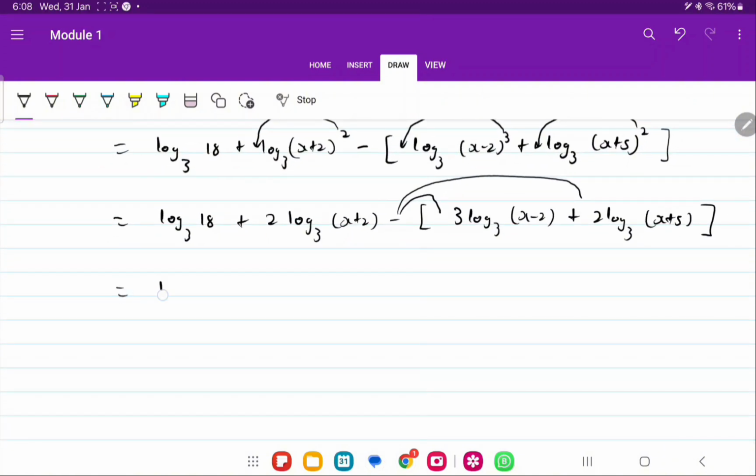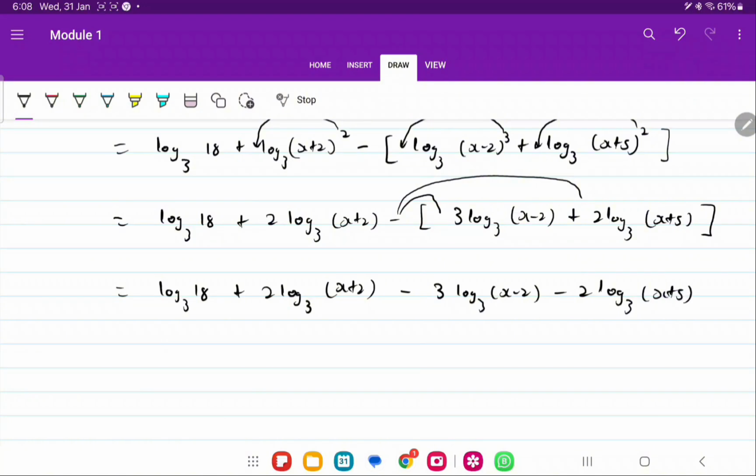That's going to give me log base 3 of 18 plus 2 times log base 3 of x plus 2. That's a 3 there. Minus 3 times log base 3 of x minus 2. Minus 2 times log base 3 of x plus 5. And that's how we expand.